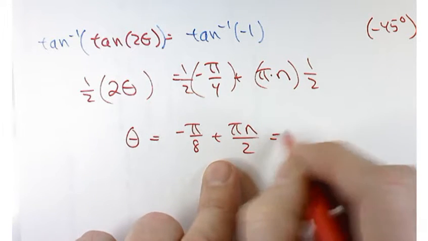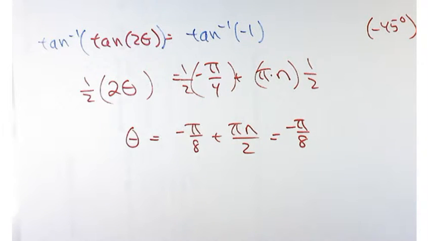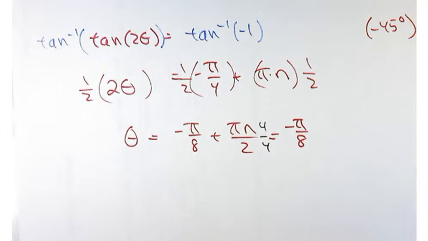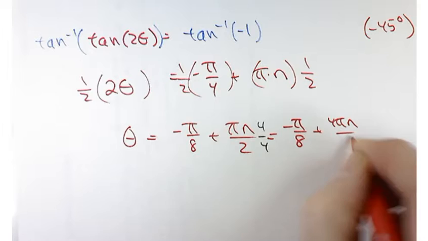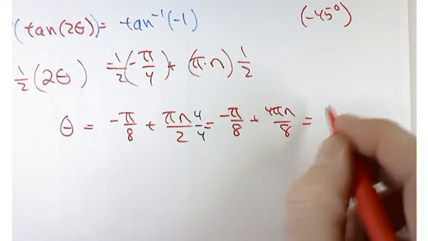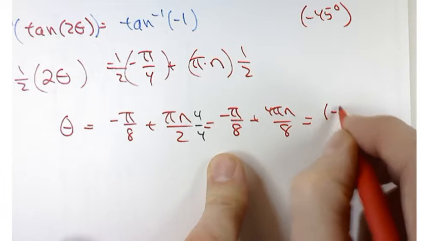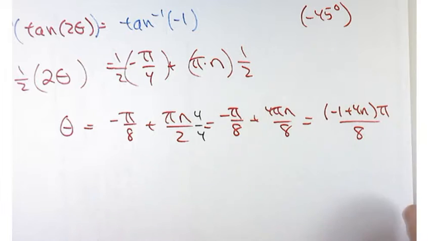What's the common denominator between these things? 8. So I need to multiply this by 4 over 4. And that gives me 4 pi n over 8. And if I clean this up by factoring out the pi, I get -1 plus 4n times pi over 8. And again, you've got a nice friendly expression with which to work.